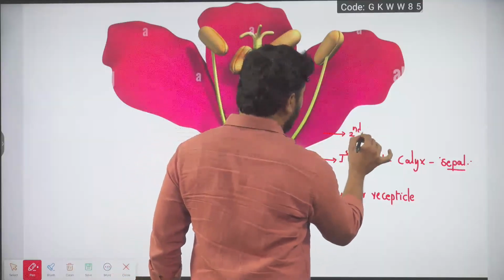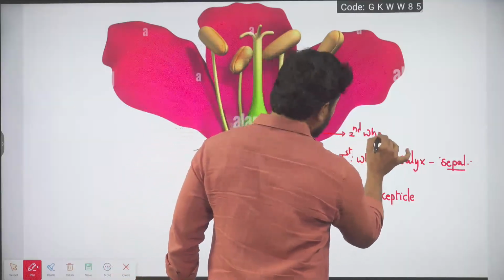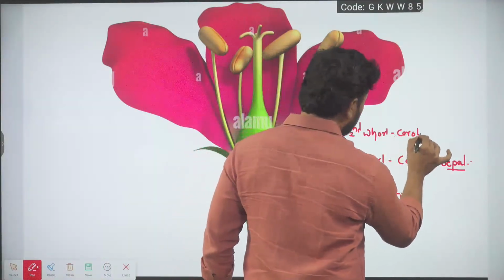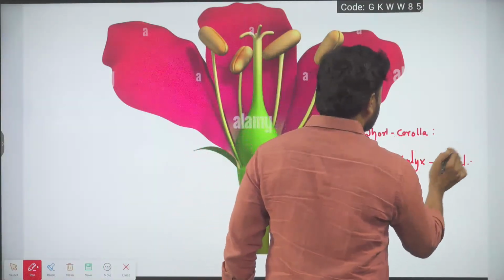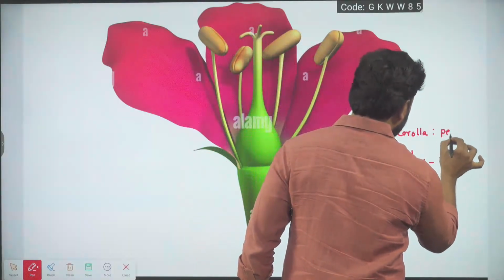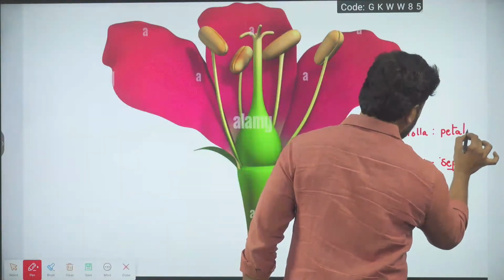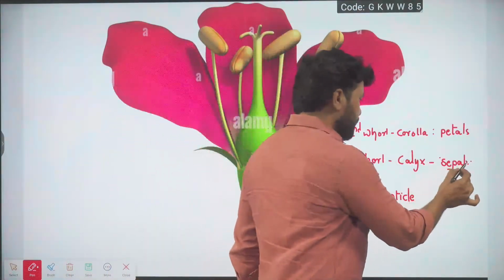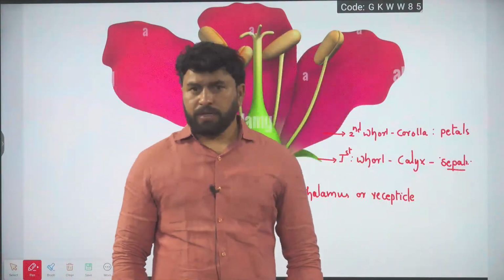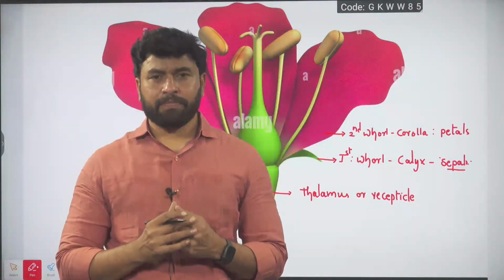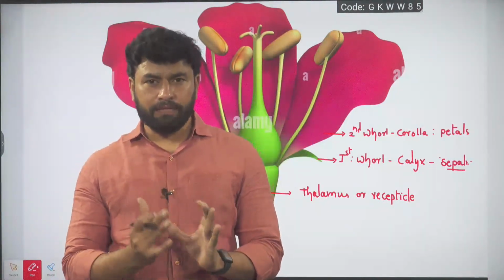Next one, the second whorl. The second whorl is called the corolla, and the members of the corolla are called petals. Sepals, petals. Typically sepals are green and petals are colorful.